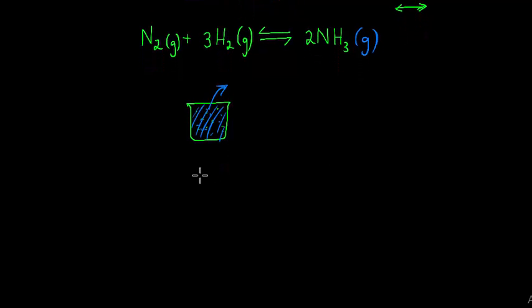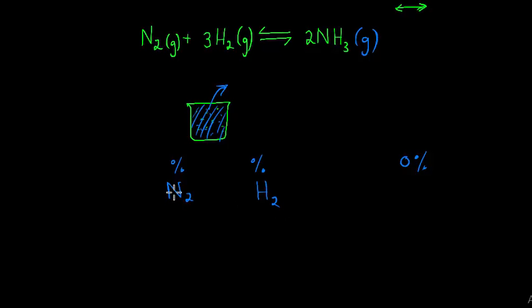Imagine in my reaction I have now just added nitrogen and hydrogen together. So I've got a certain percentage of nitrogen, and a certain percentage of hydrogen, and I have no percentage of the product yet. So there's nothing to decompose yet.